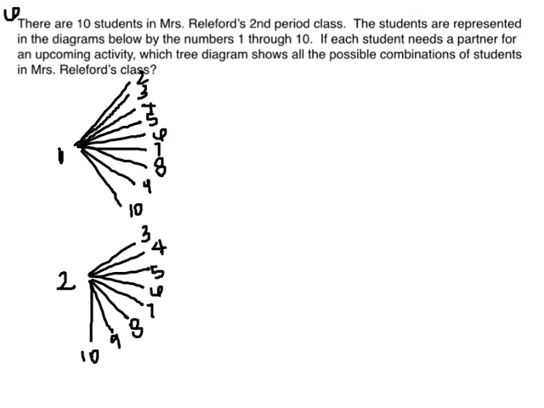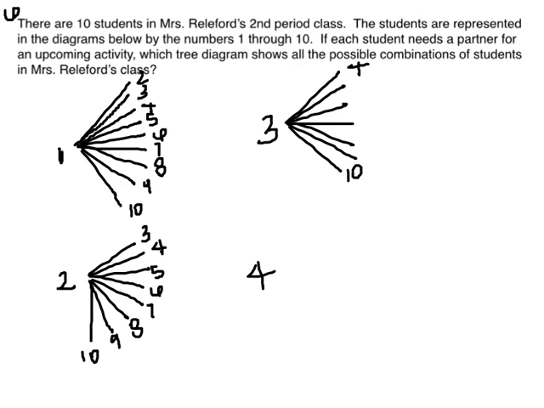So that covers the first 2 students. Number 3 could be paired with 4, 5, 6, 7, 8, 9, 10. So that's going to start at 4 and go to 10. Student 4 can be paired with 5, 6, 7, 8, 9, and 10.